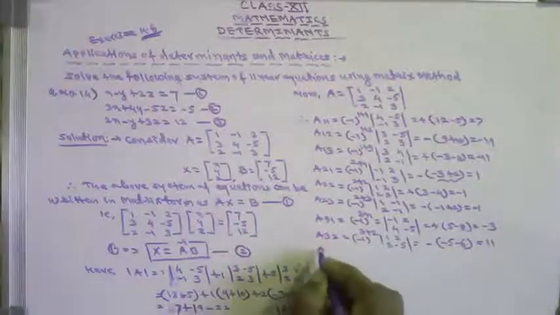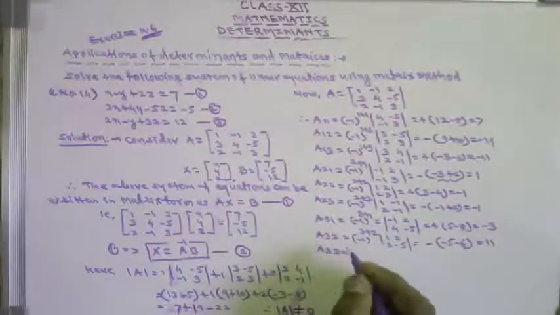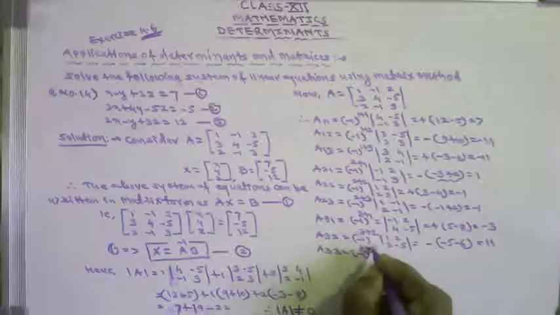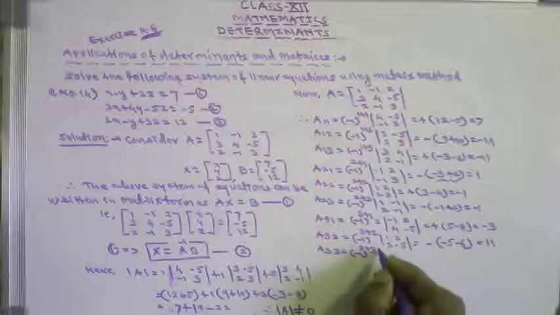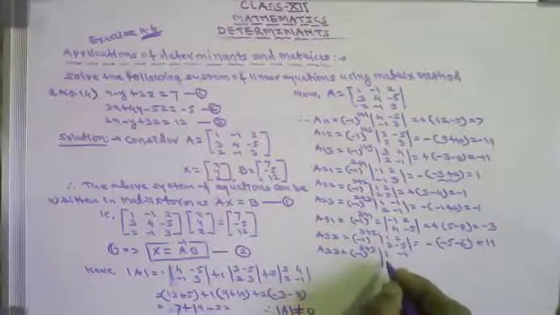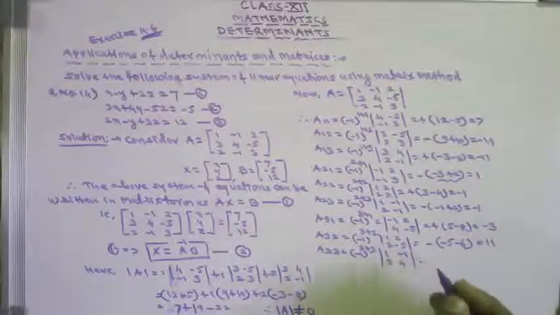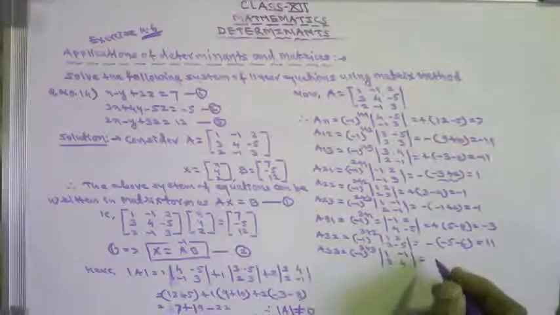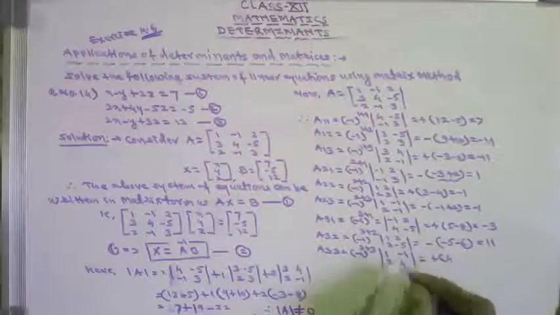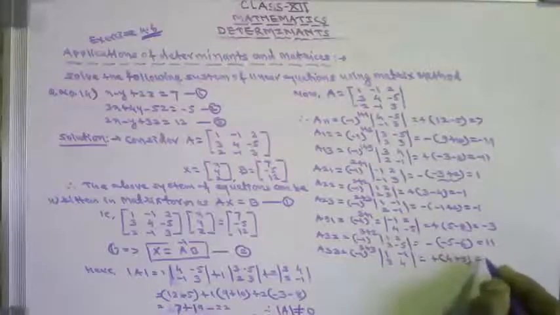A33: A33 is equal to minus 1 raised to the power 3 plus 3 into the determinant 1 minus 1 3 and 4, minus 1 raised to an even number will be plus, this is 4, this is plus 3, that is 7.